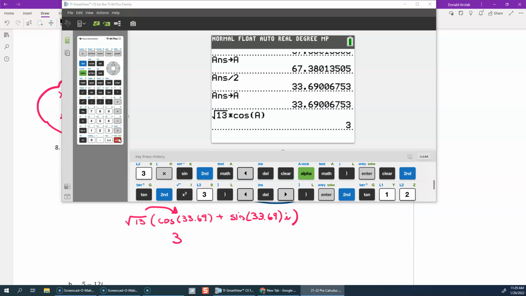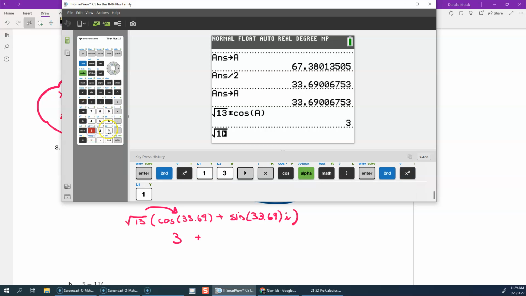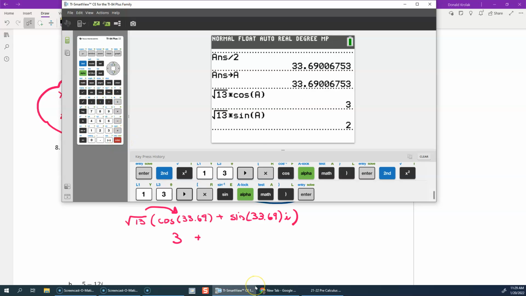So that's 3 plus, okay, square root 13 times the sine alpha A, and that's 2. So there's one square root, and then the other square root is its opposite.